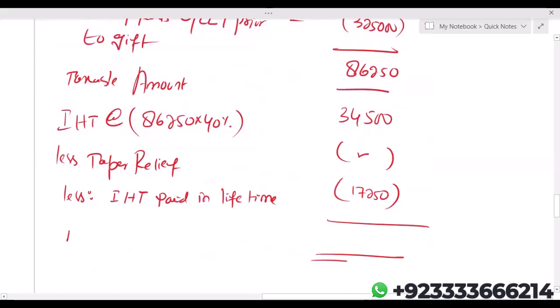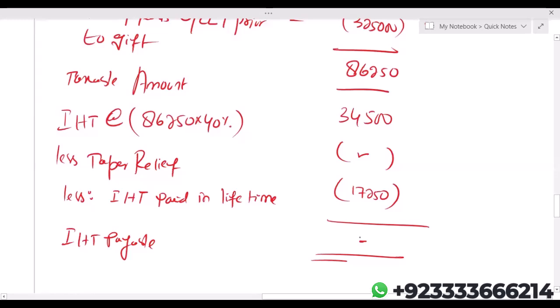The final answer will be IHT payable. A very important point is, normally it does not happen, but still let me explain. So either there will be a positive value of IHT which you have to pay, or there will be zero.